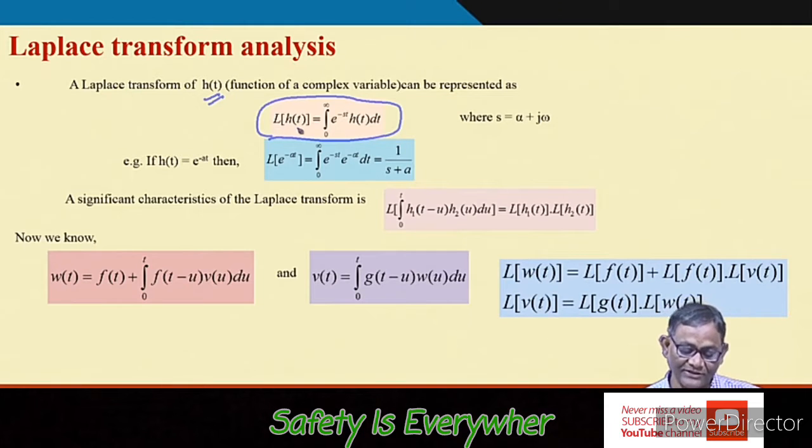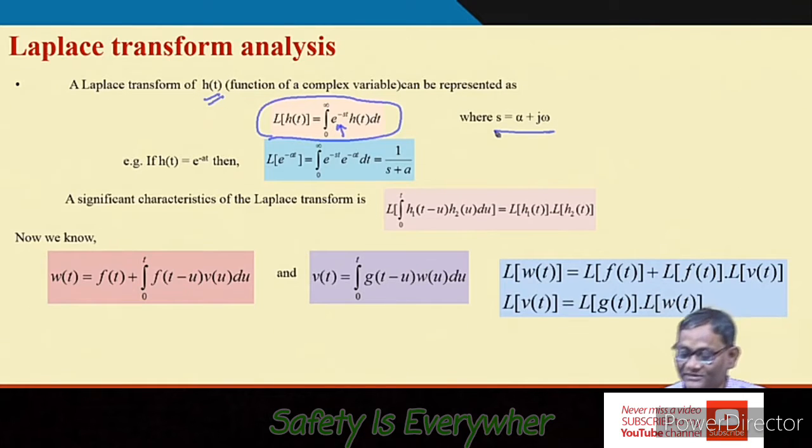That means the Laplace transform of h(t) is the integral from 0 to infinity of e to the power minus s t times h(t) dt, and this e to the power minus s t contains one term, s. This s represents a complex variable, alpha plus j omega. Now the question comes: what is h(t)?